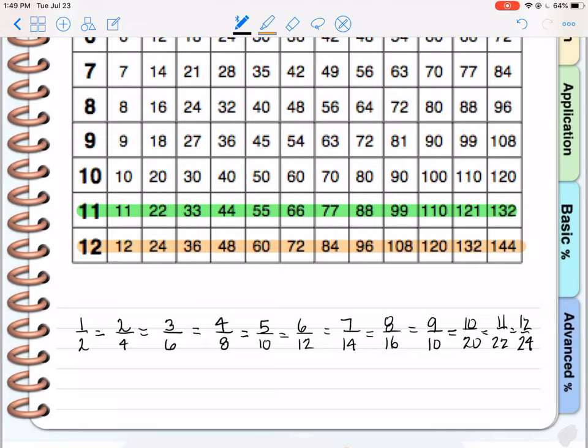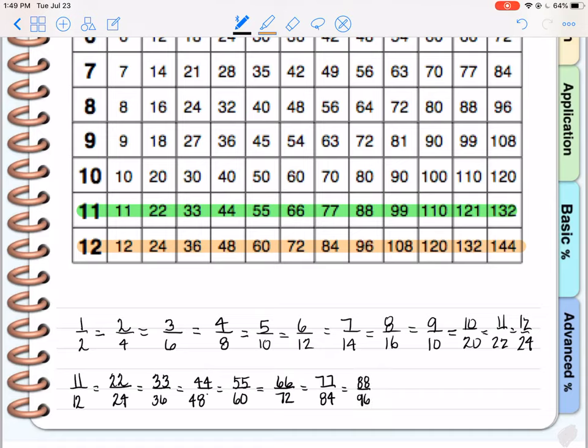So my base one is 11/12, which is equal to 22/24, 33/36, 44/48, 55/60, 66/72, 77/84, 88/96, 99/108, 110/120, 121/132, and 132/144. And this would continue on and on if the table continued.